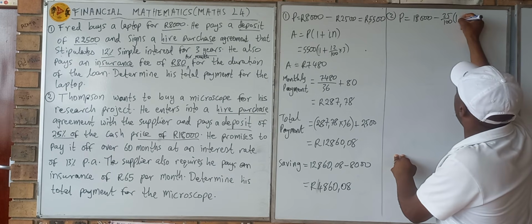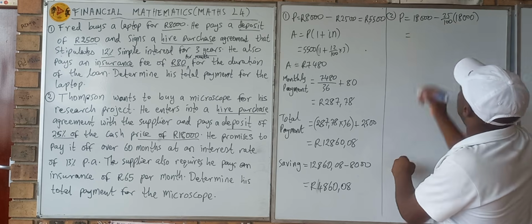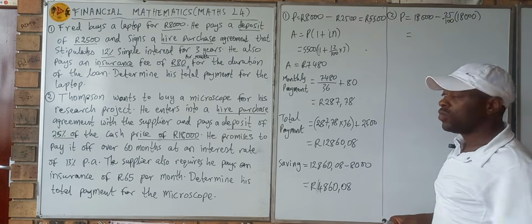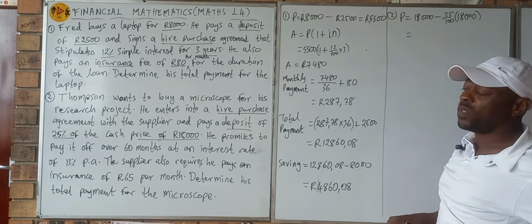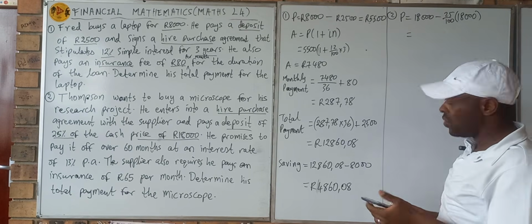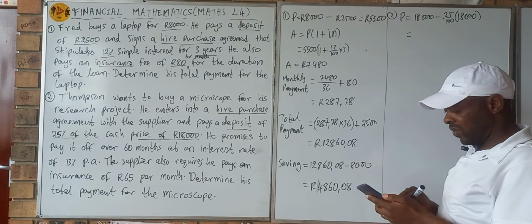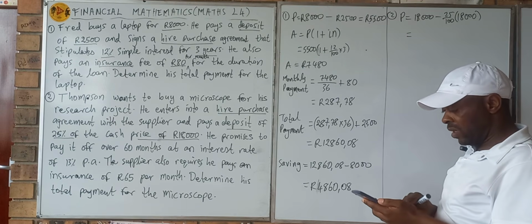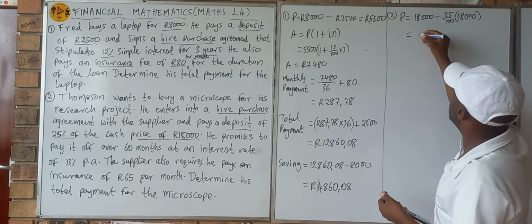So if I subtract 25% from 18,000, I'm left with 75%. So I'll just take 75% of 18,000, which gives me 13,500.